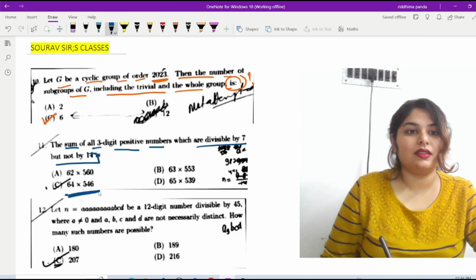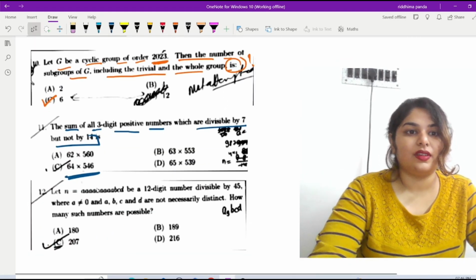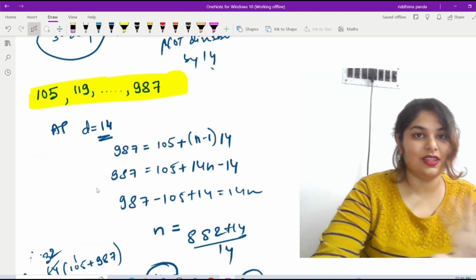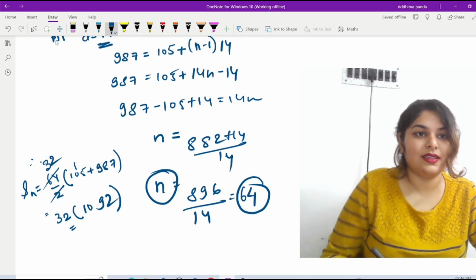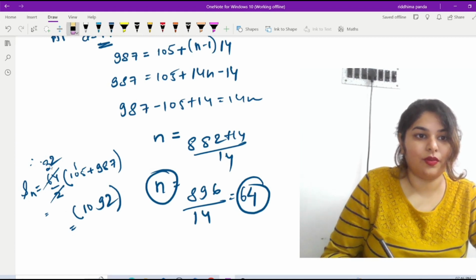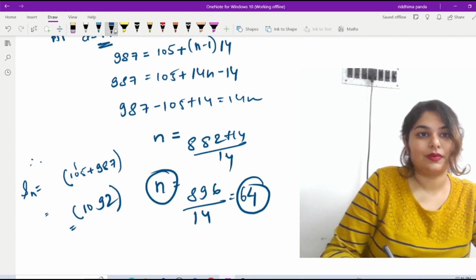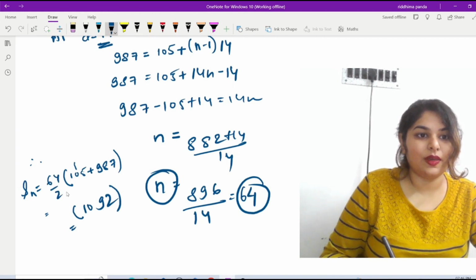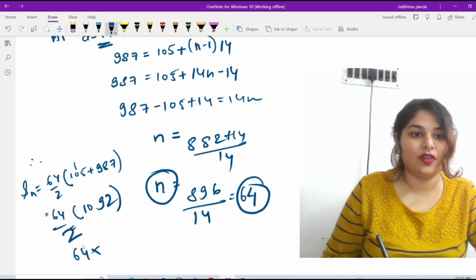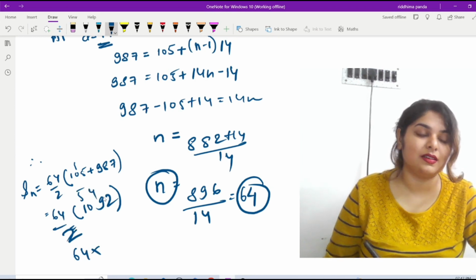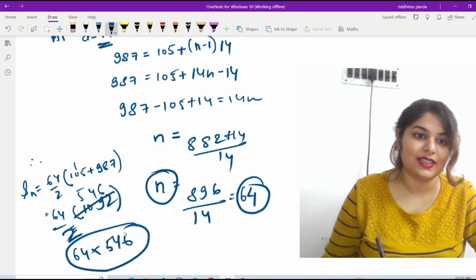Instead of taking 32, let us say we still have 64 by 2. So this is 64 by 2 into 1092, that is 64 into 546 is the answer.